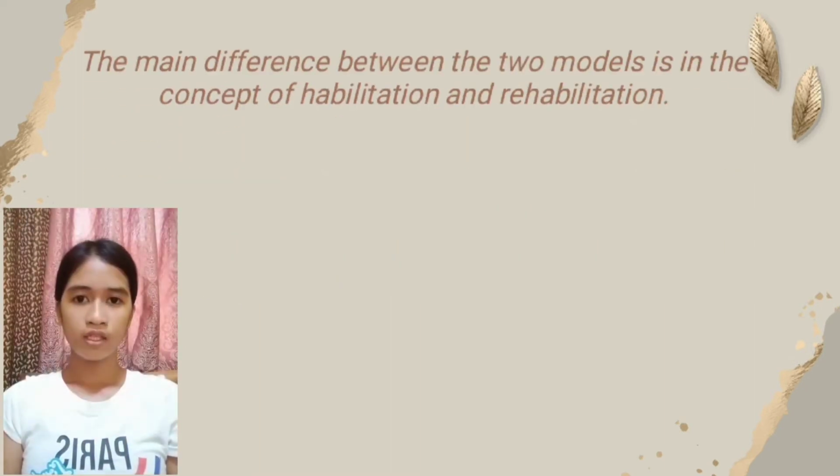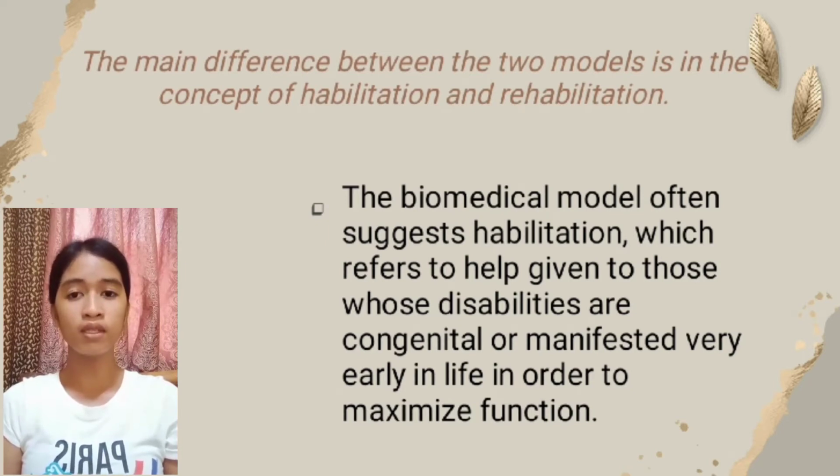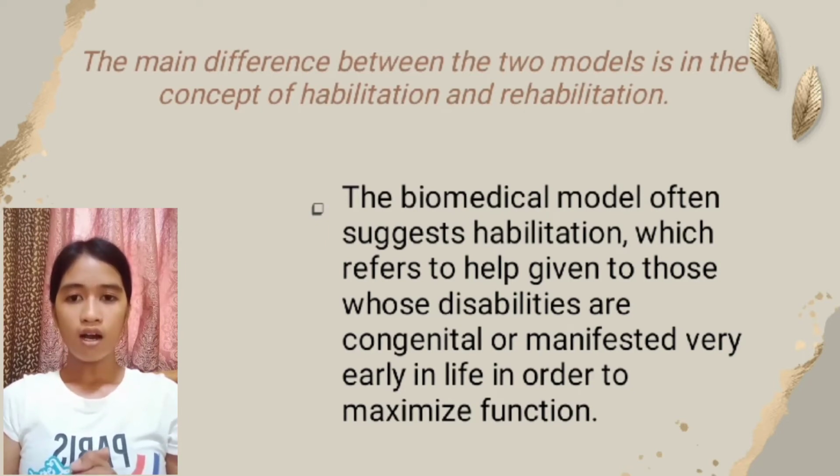The main difference between the two models is in the concept of habilitation and rehabilitation. First is the biomedical model. The biomedical model often suggests habilitation, which refers to help given to those whose disabilities are congenital or manifested very early in life in order to maximize function.